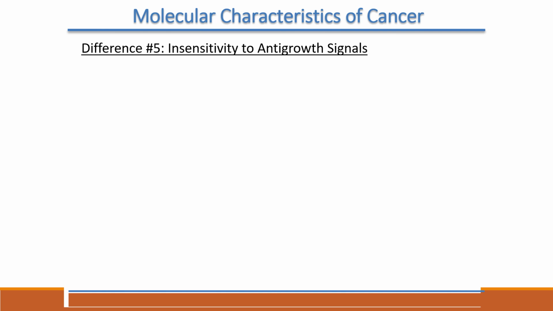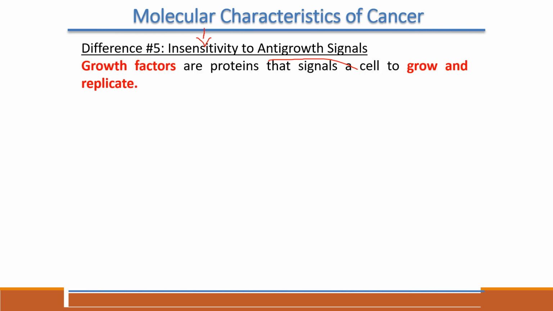Okay, so we're going to talk about this insensitivity to anti-growth signals. So we saw last time that there are signals in our cells, and one of those signals are growth factors, which are proteins that send a signal that says go.